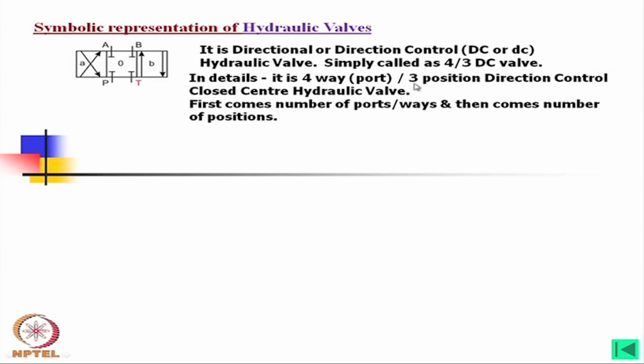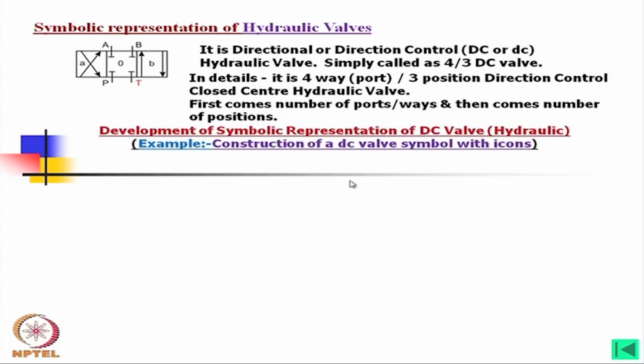Always when we are using 4/3 etc., first comes the number of ports or ways, and then comes the number of positions.